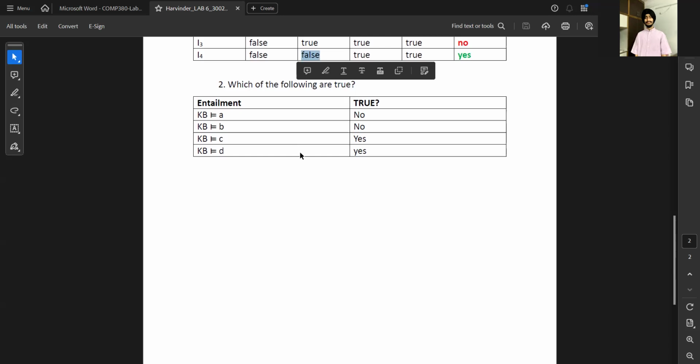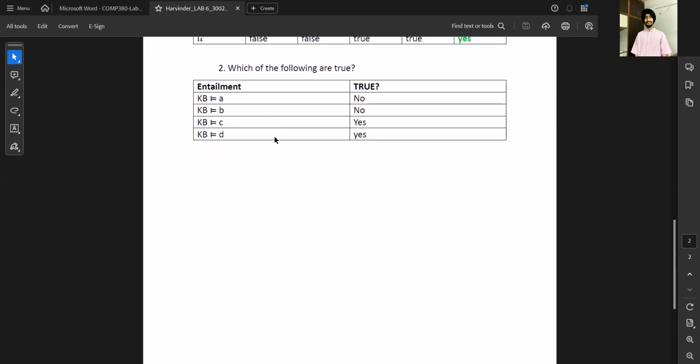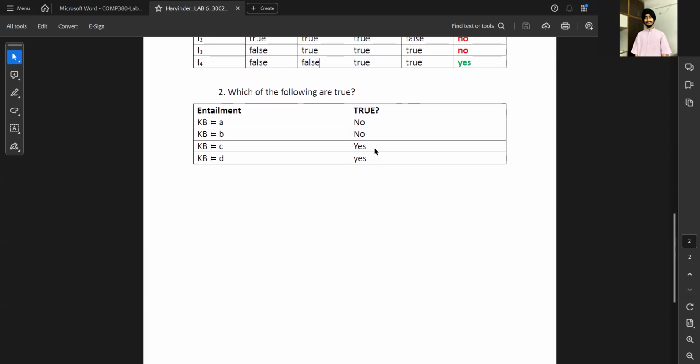We'll move to the next, KB entails B. It is also not true because B is not given as true or entailed by other rules. KB entails C, yes, because C is explicitly true in our knowledge base, thus KB entails C. The last part is also true because D depends on C, so it is also true.